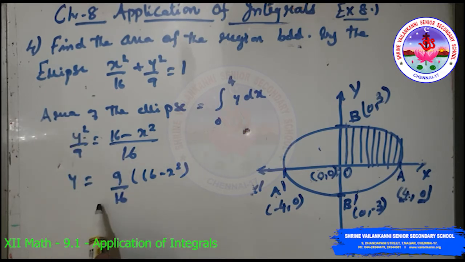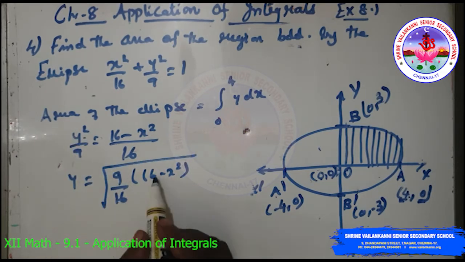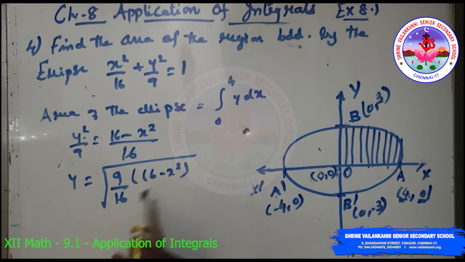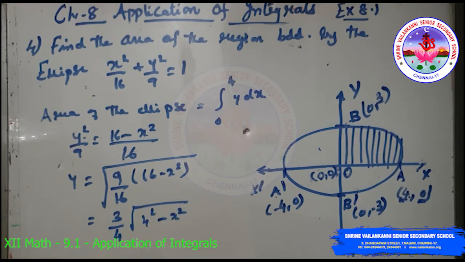So y equal to root of 9 by 16 into (16 minus x square), which is 3 by 4 into root of (4 square minus x square).